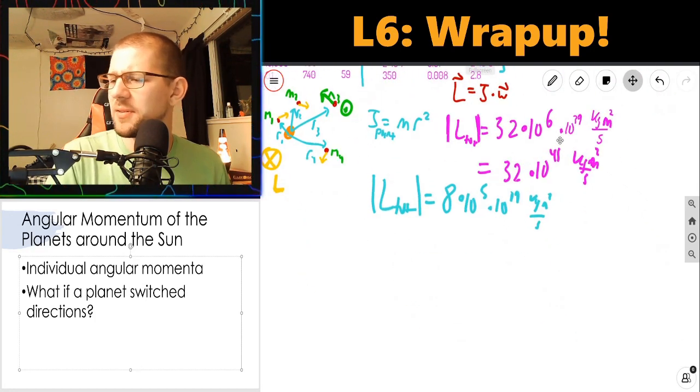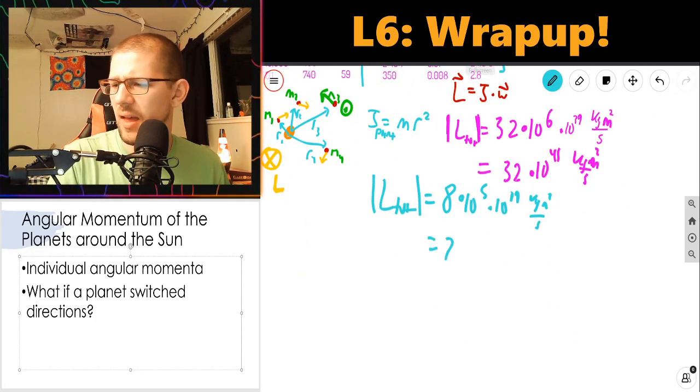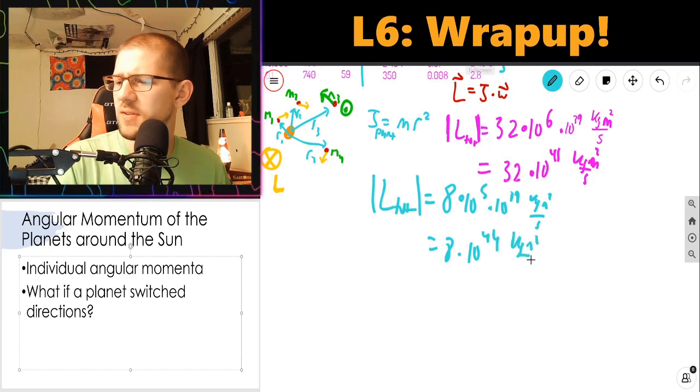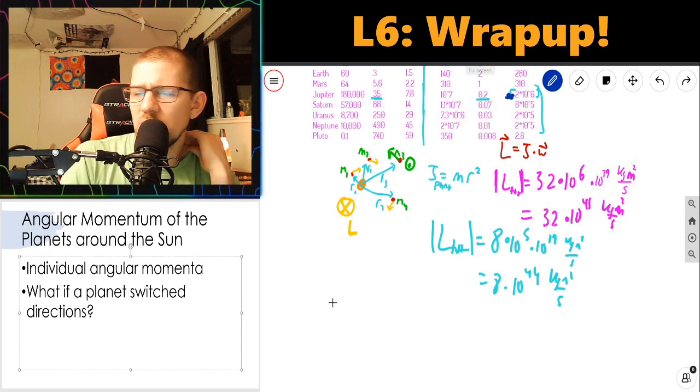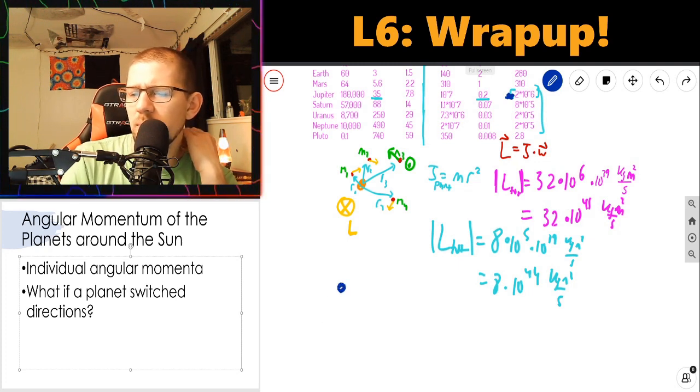And it's actually in the opposite direction. So this is 8 times 10 to the 44th kilogram meters squared per second, in the opposite direction. So again, I'm trying to demonstrate the fact that it's a vector sum.